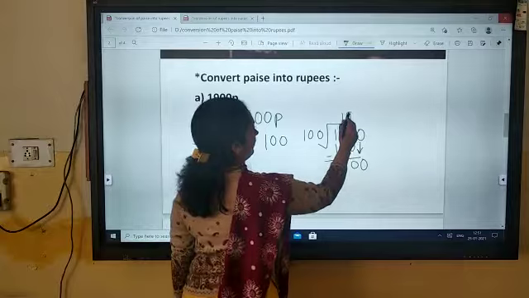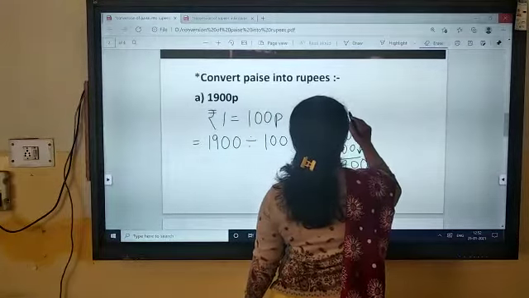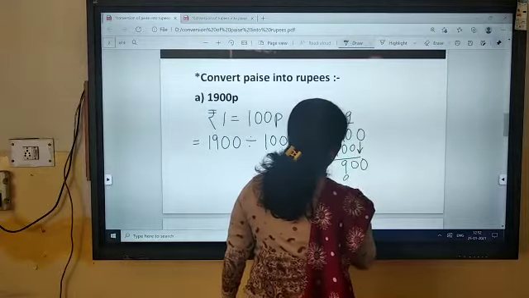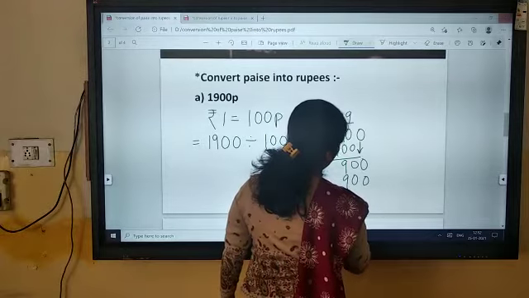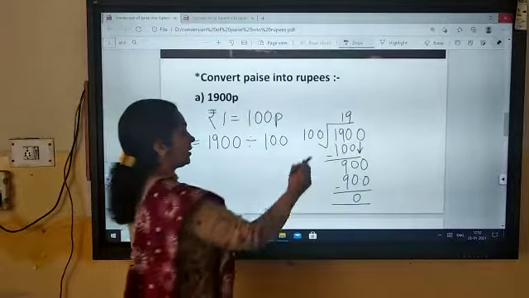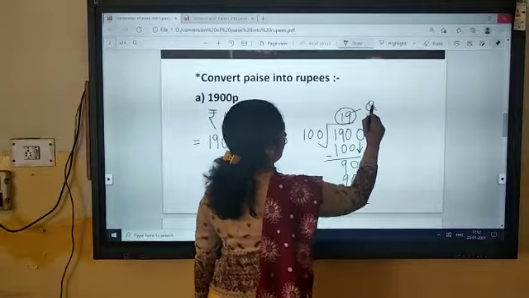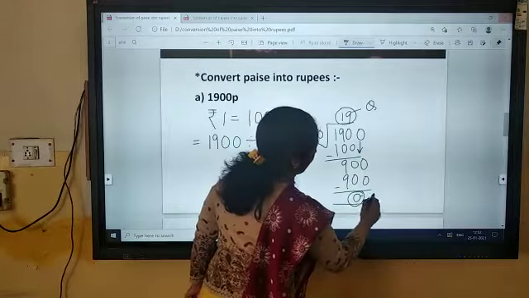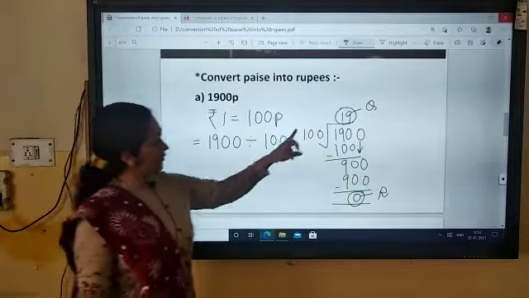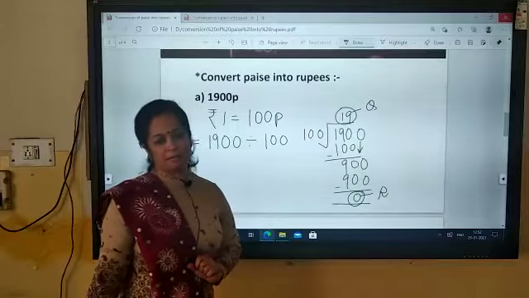We subtract again and we get 0. This is our quotient and this is our remainder. Dear students, quotient will be rupees and remainder will be paise.